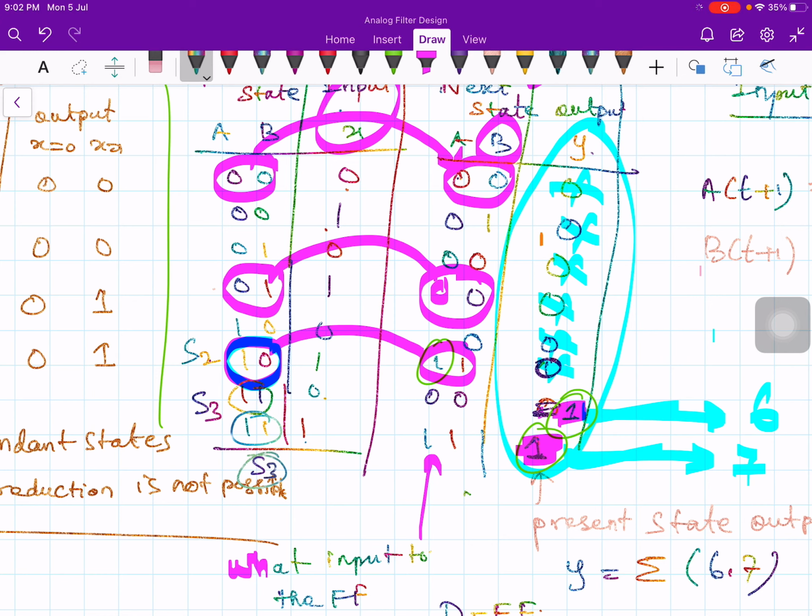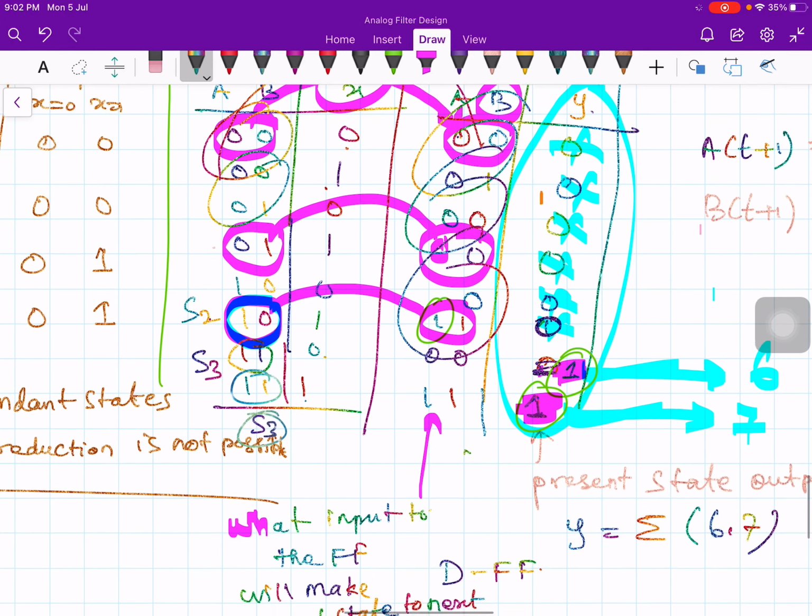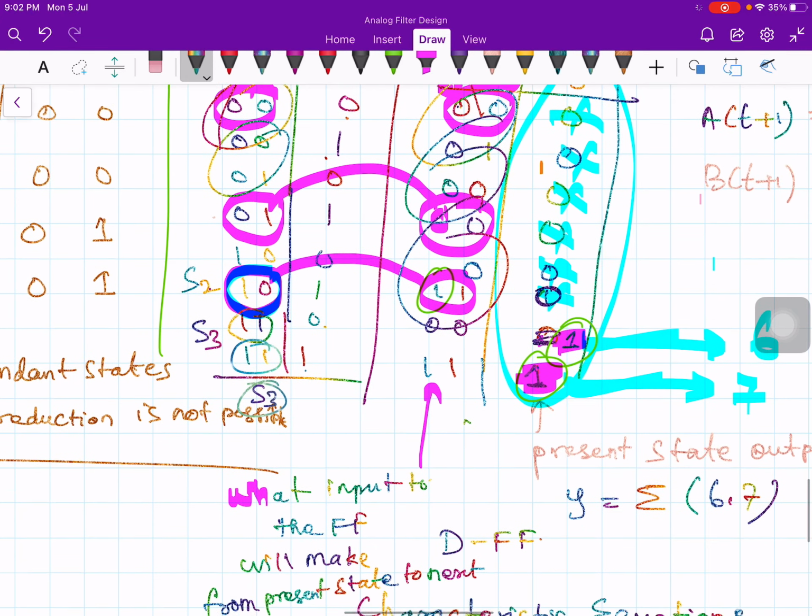So what inputs are needed so that I will be able to move from the present state to the next state? Such inputs are tabulated, and that table is called an excitation table. For example, I want to move from 0 to 0. What input should I give to the JK flip-flop? Or I want to move from 0 to 1.